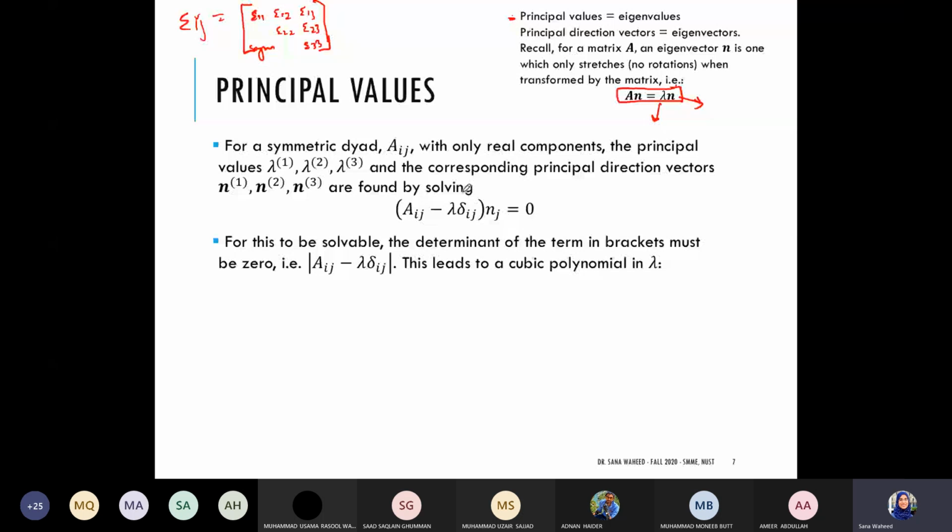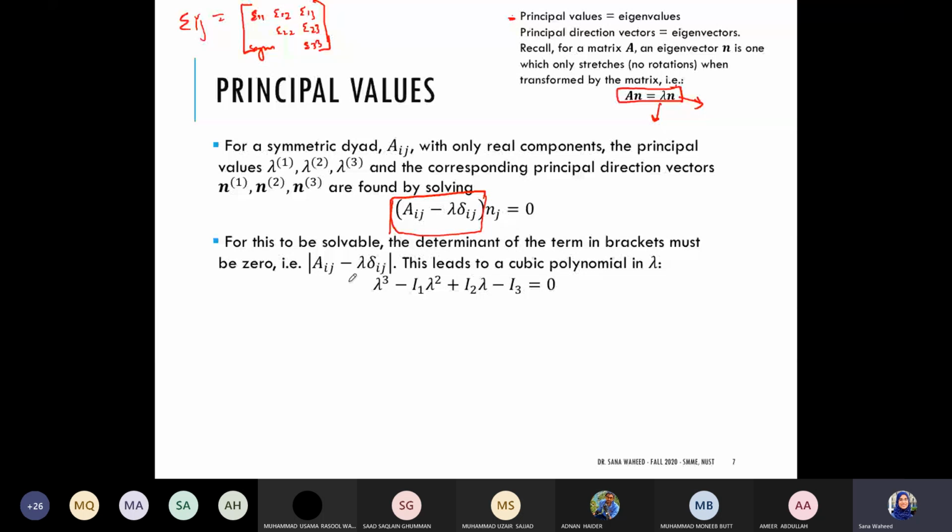Because we have a 3 by 3 matrix, when we find its determinant, it will give us a cubic polynomial. That is, it will go up to the power of 3, and when we solve it, we'll get our 3 eigenvalues. Interestingly, we can solve this generally and write the general result.